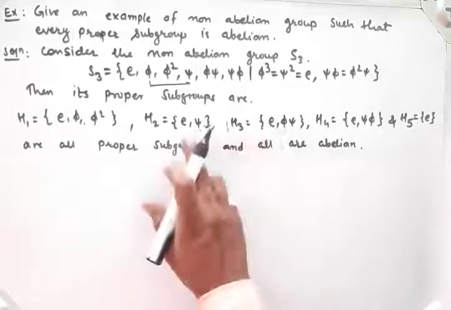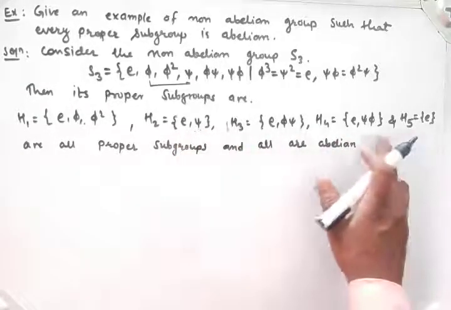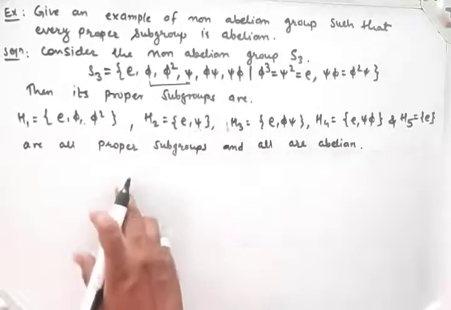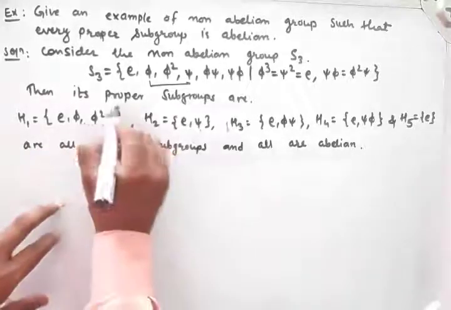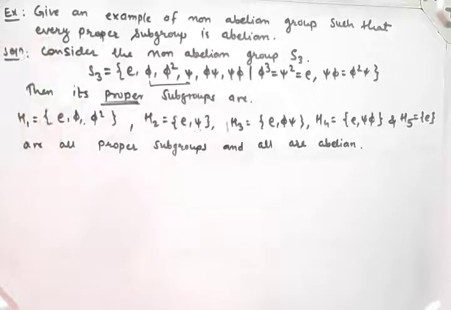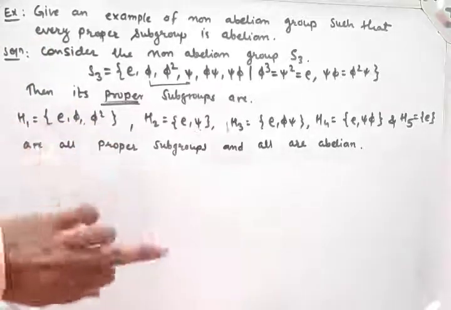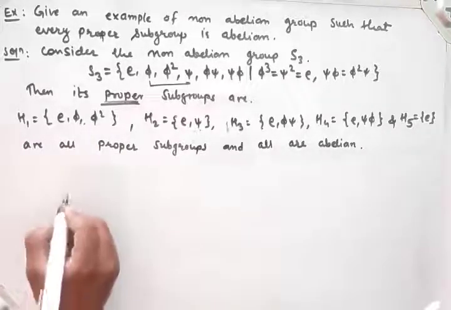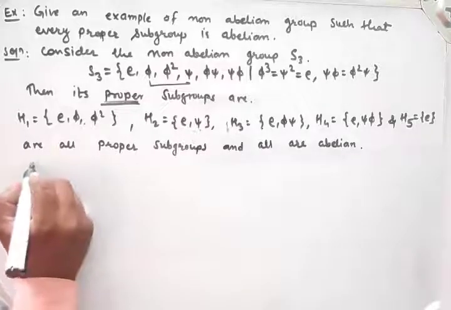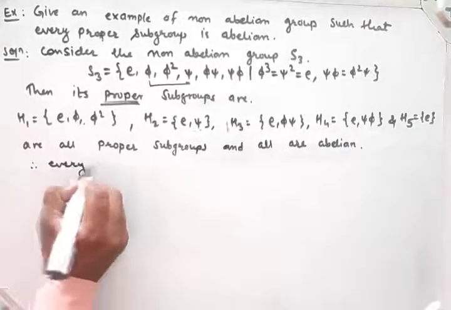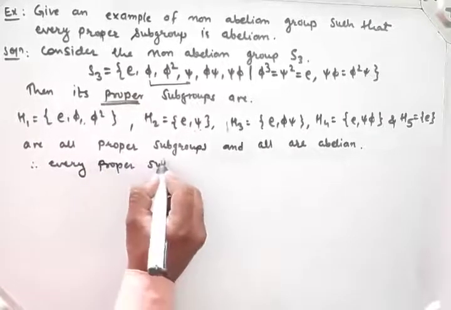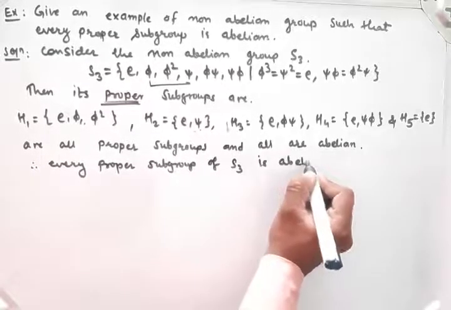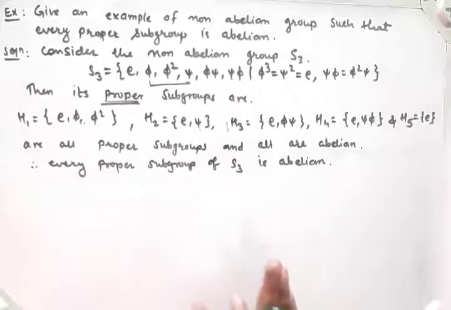H2, H3, H4 have two elements, so they have order 2, and all are abelian groups. Here the main word is proper, because S3 is itself an improper subgroup. Thus every proper subgroup of S3 is abelian.